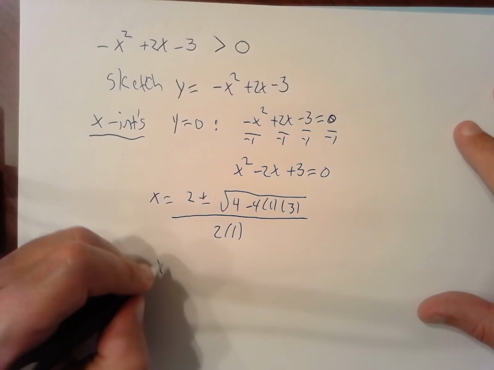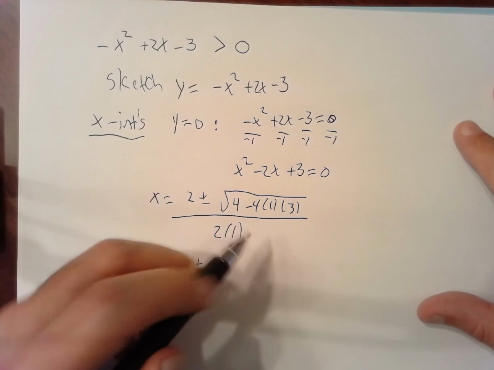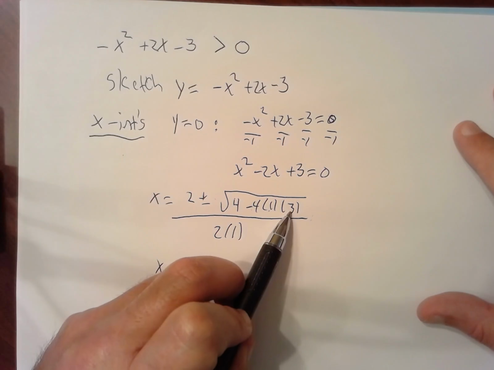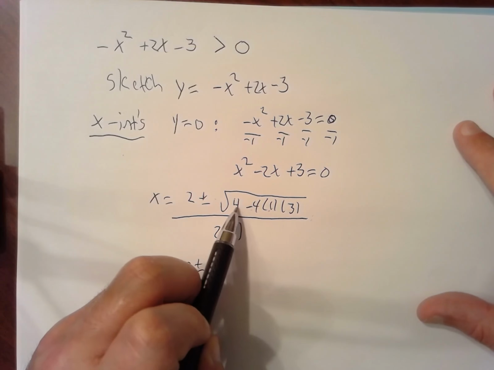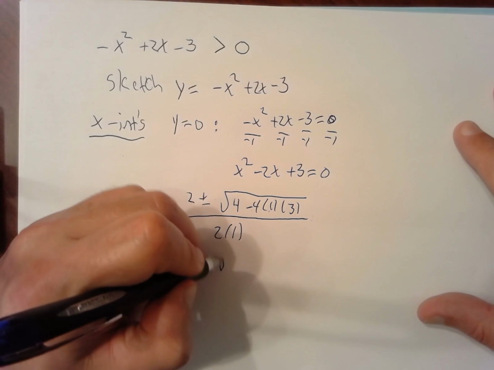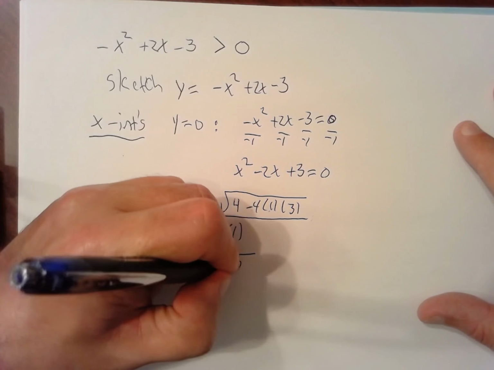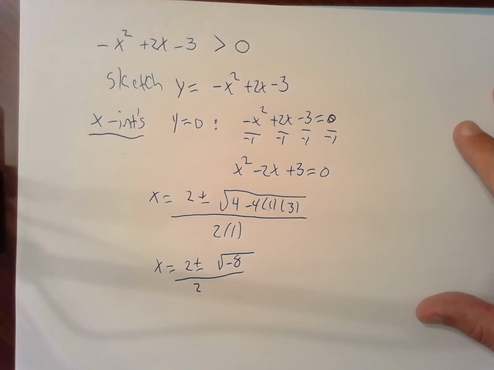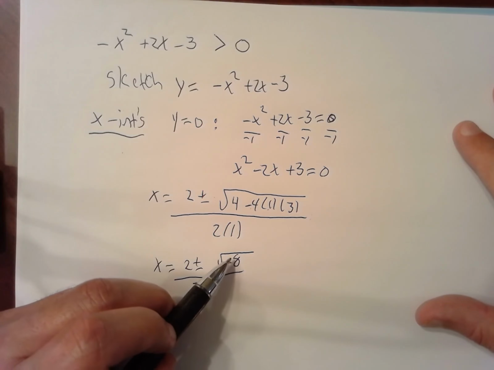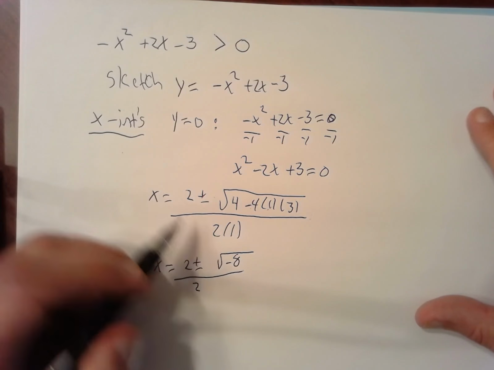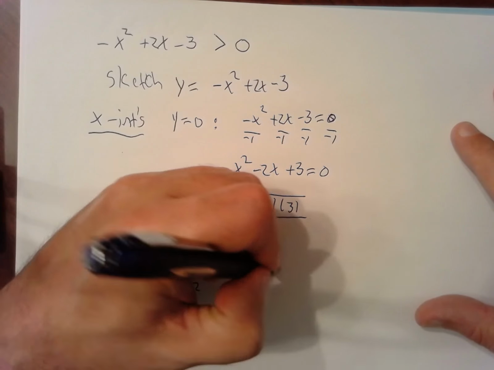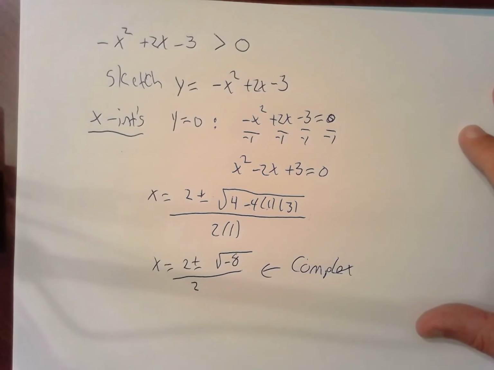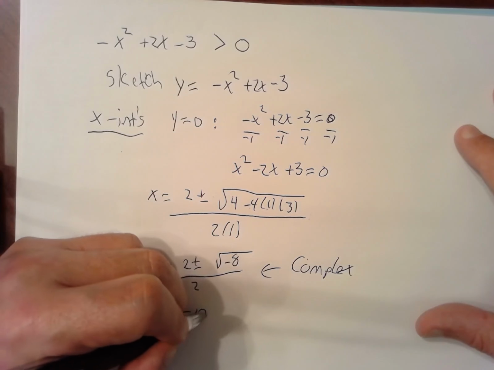So we get x is 2 plus or minus, inside here, order of operations, -4 times 1 times 3 would be -12. So I get 4 minus 12, which would be -8. And right there I can stop because I see immediately that I'm not going to have any x-intercepts. I have a negative under the radical. My discriminant was negative. These are complex. Square root of -1 is i. We get complex solutions, so no x-intercepts.